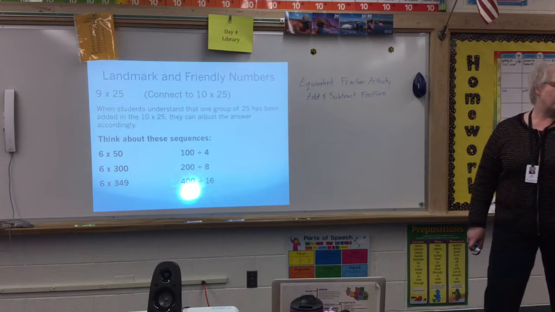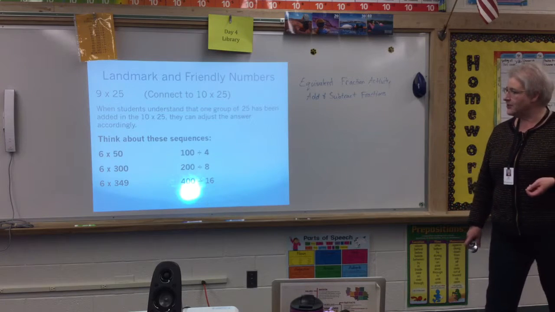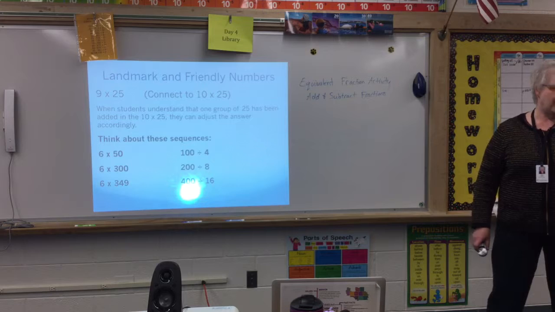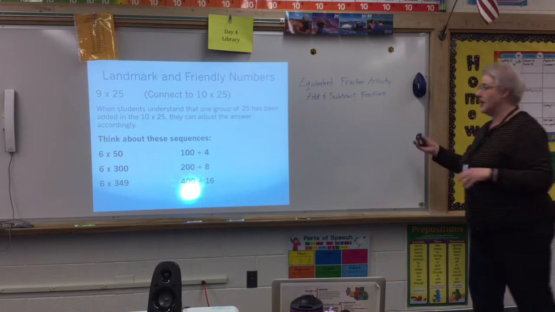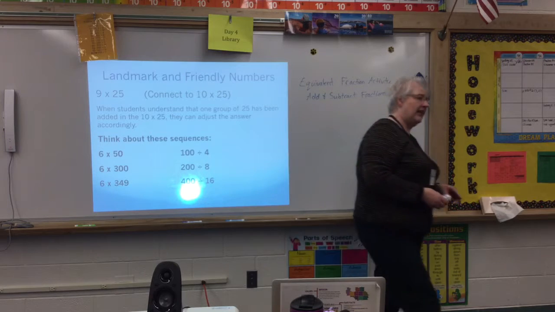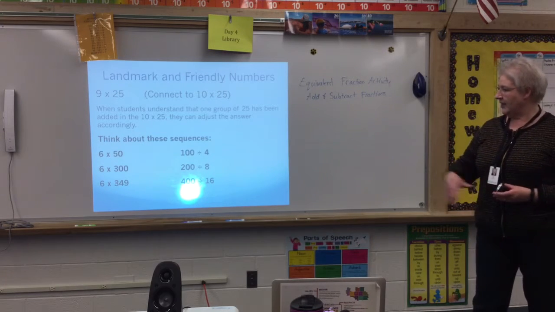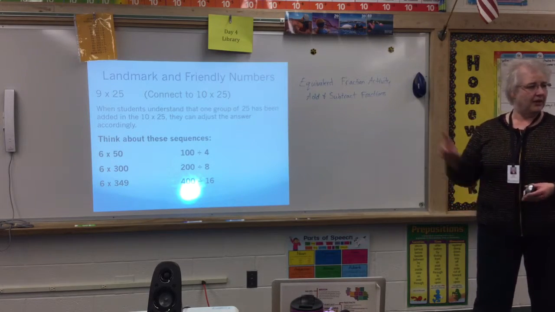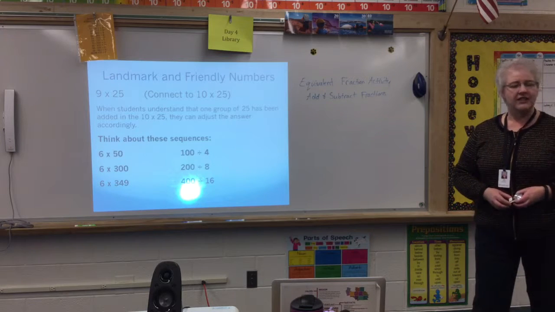Don't forget to make sure you're talking landmark and friendly numbers, connecting things to 5s, 10s, 50s, 100s, 25 sometimes. So if I have the number problem of 9 times 25, expect them to connect to 10 times 25. And think about those sequences down at the bottom. Look at the left-hand column first.